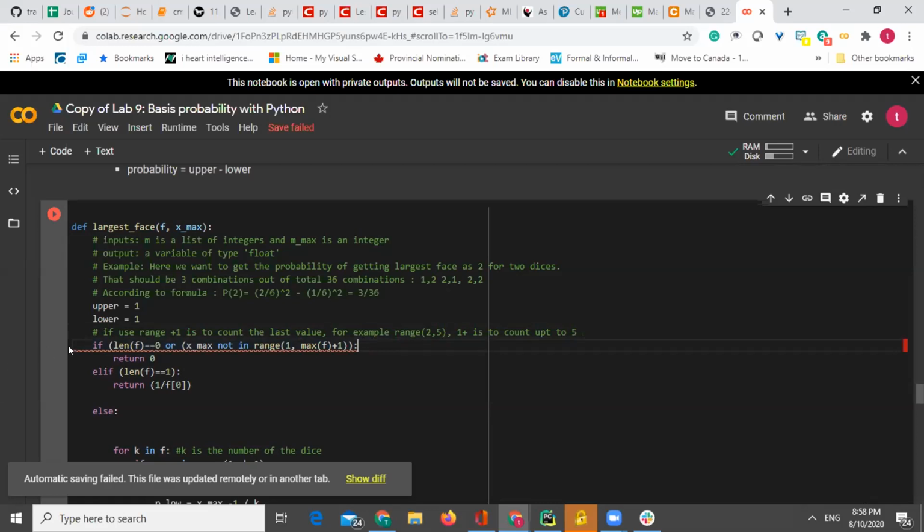Add a closing bracket at the end. A closing bracket is missing.